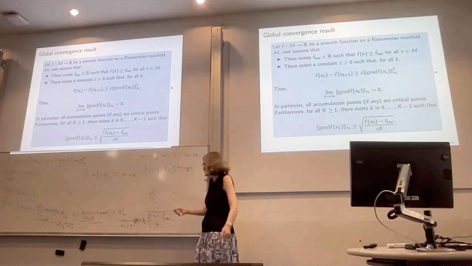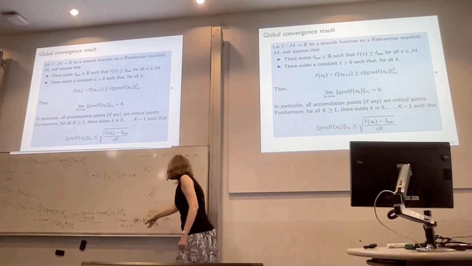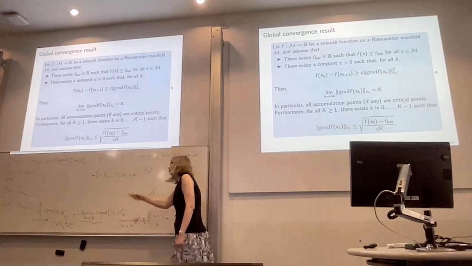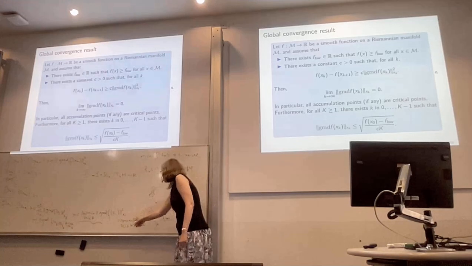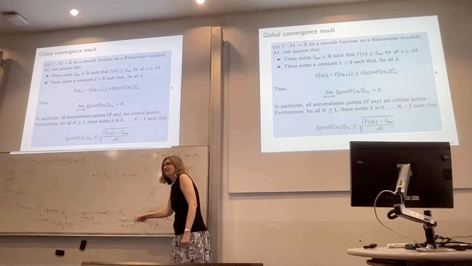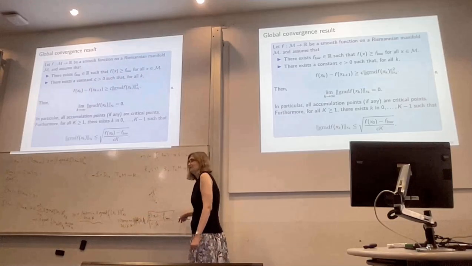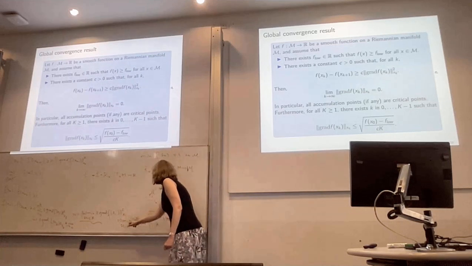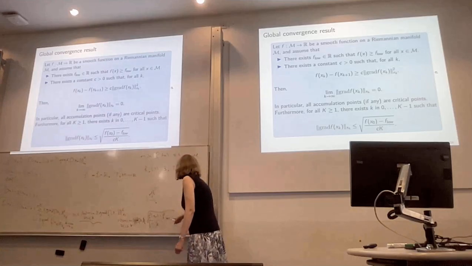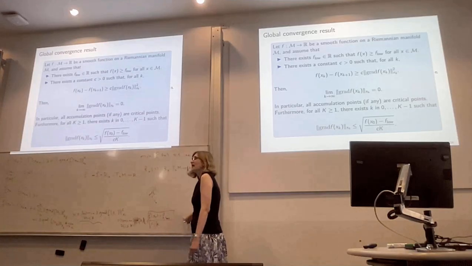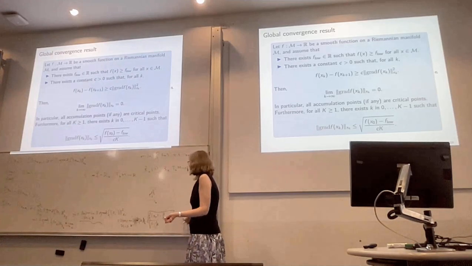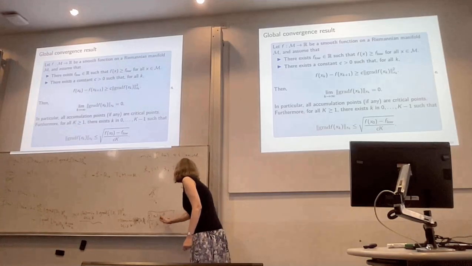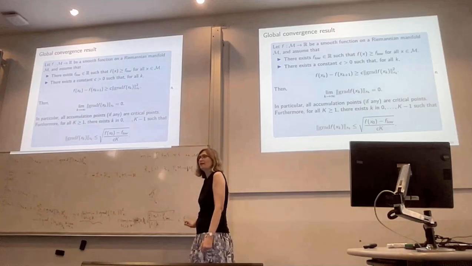So what I'm guaranteed is that there will be a value from 0 to k of this Riemannian gradient that is smaller than this. So if I want to make this less than epsilon, I get the worst case bound that k is like 1 over epsilon squared.